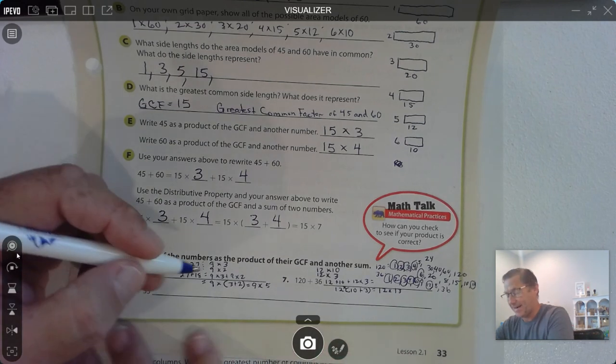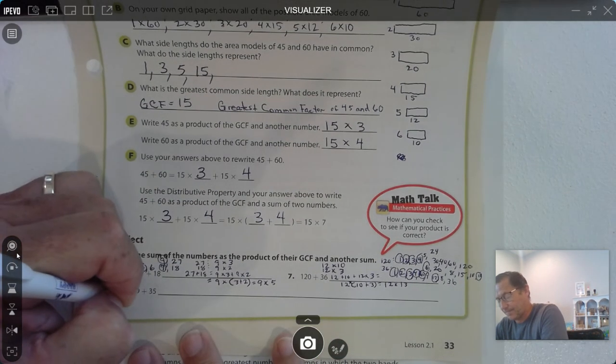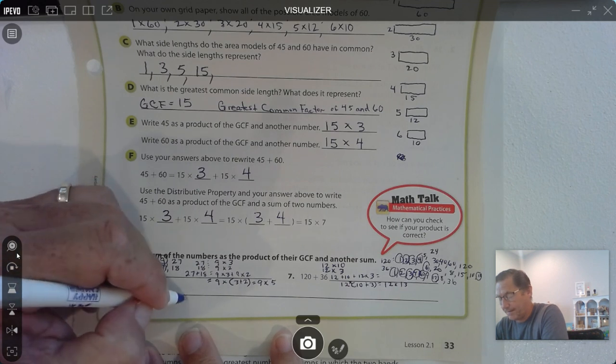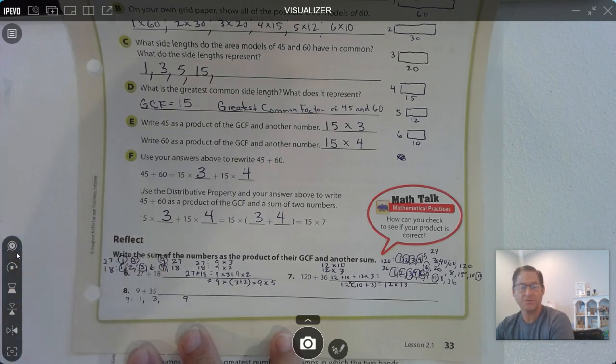Okay, number 8, 9 and 35. The factors of 9 are 1 and 9 and 3 times 3.